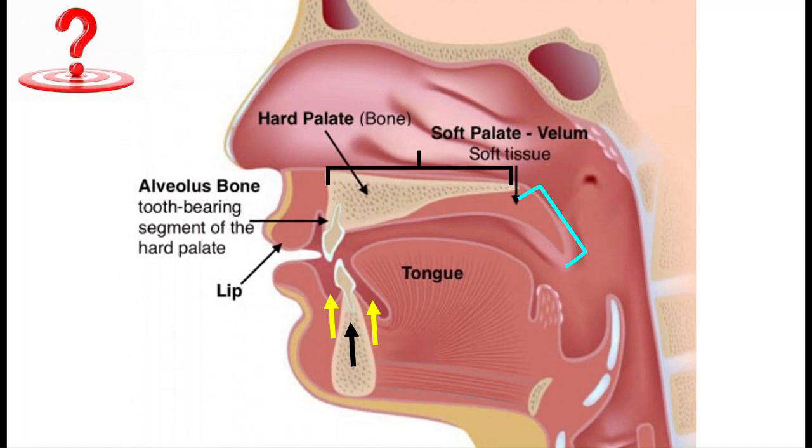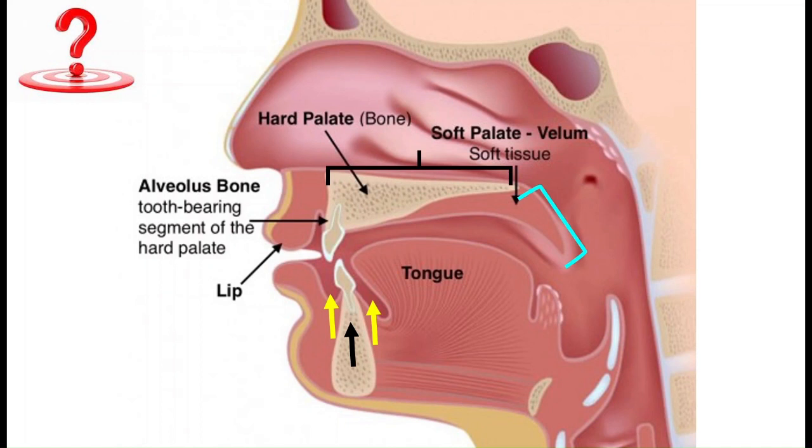During swallowing the soft palate goes up and prevents air from getting down, so that you can swallow comfortably, and it separates the nasopharynx from the oropharynx. So it is more like a valve, and it hangs down.